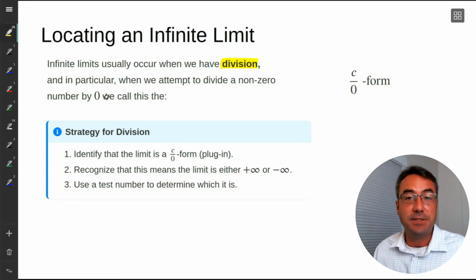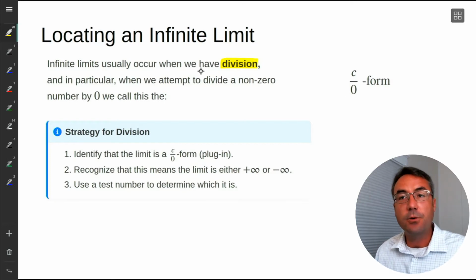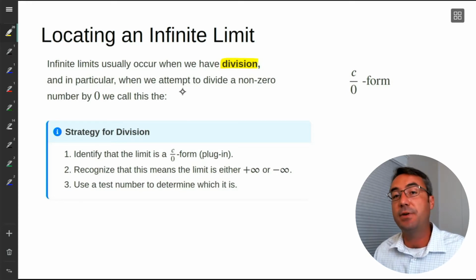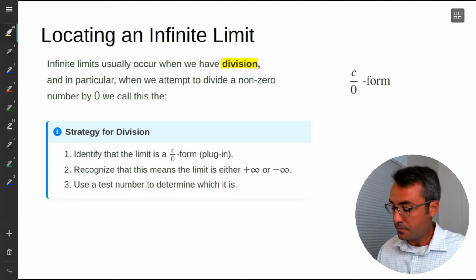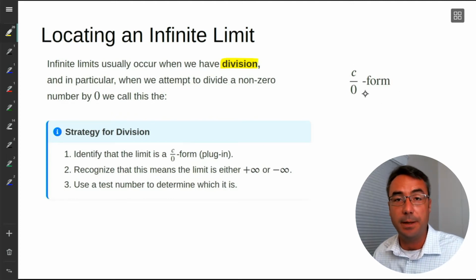And if we do divide by 0, well then that might be a place where we have an infinite limit. So they usually occur where we have division, and in particular, they usually occur when we attempt to divide a non-zero number by 0. And so we're going to call this a C over 0 form because these are going to show up quite a bit. So we have this non-zero number up here.